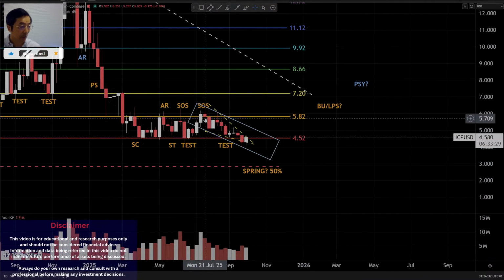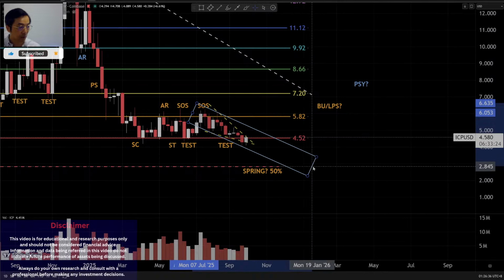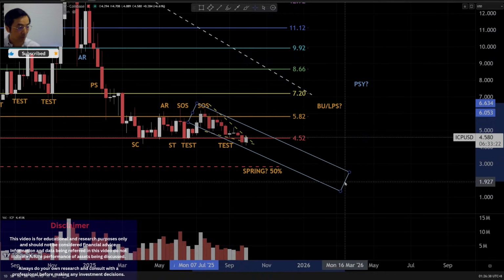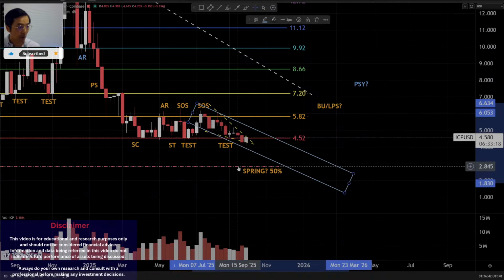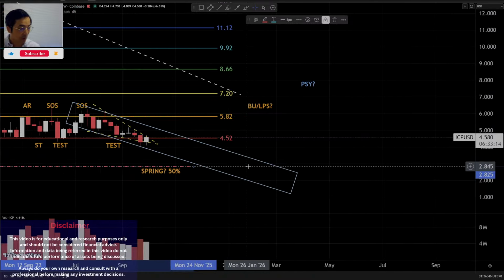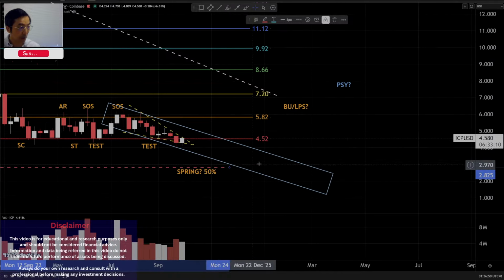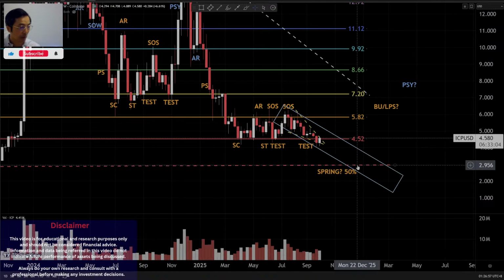And given it's still within this downtrend, let me extend this trend box as well, all the way. So the red dashed line cuts across this box, so we know if it's an extended downtrend.